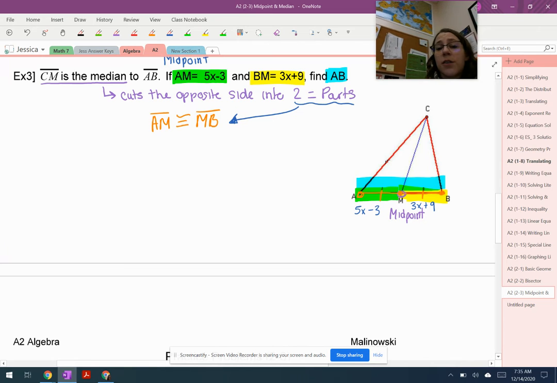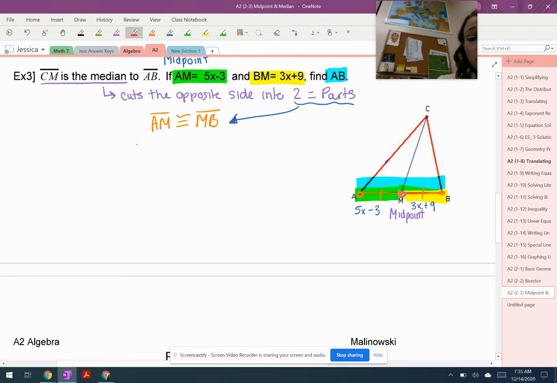AB would be that entire thing. Based on the diagram and the information they give us, we have that AM is congruent to MB, and we have two expressions for AM and MB. So I'm going to set those two expressions equal to each other. AM is 5x minus 3, and I'm going to set that equal to MB, which was 3x plus 9.